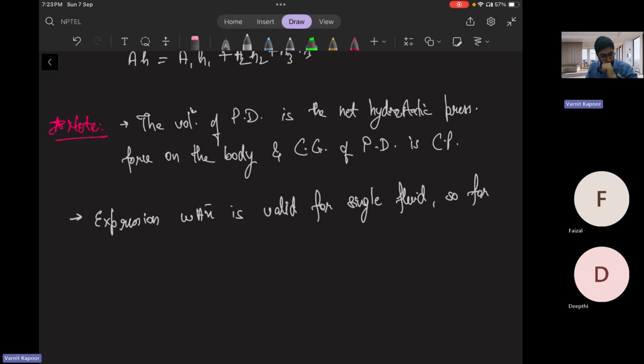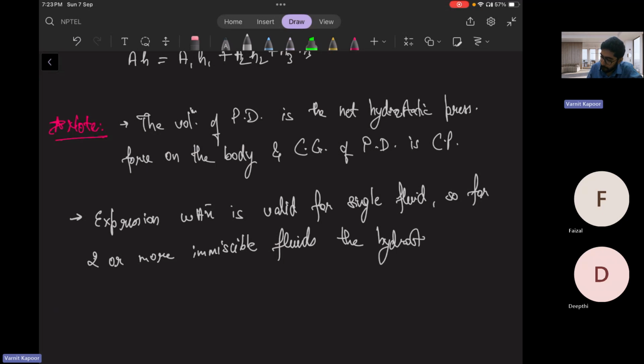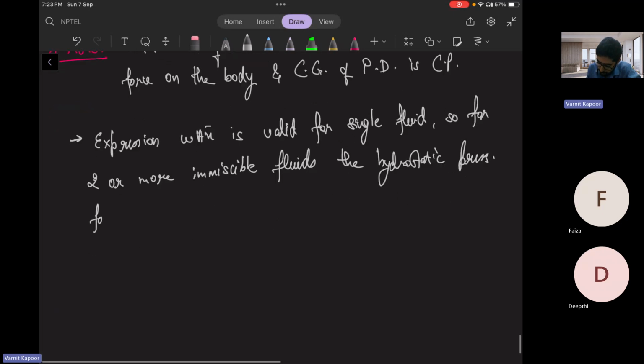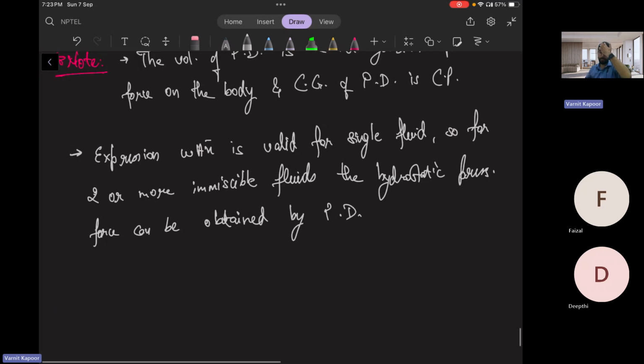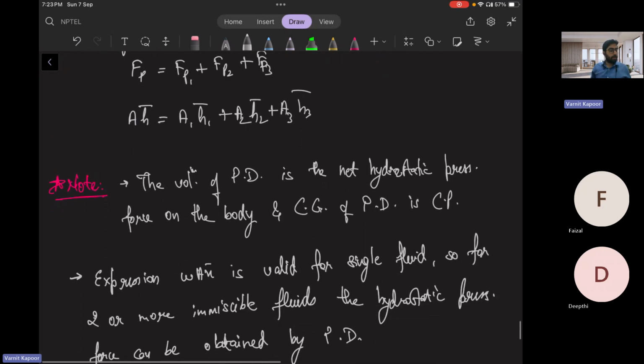So for two or more immiscible fluids, which doesn't mix, immiscible fluids, the hydrostatic pressure force can be obtained by pressure diagram. Okay. All right.